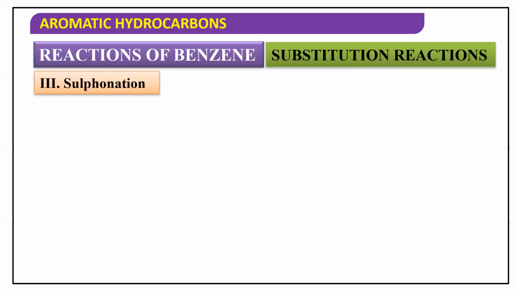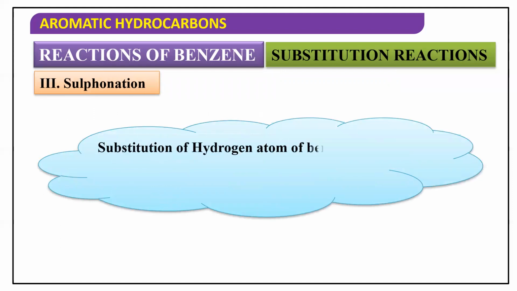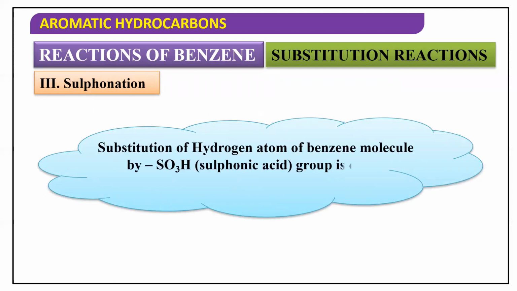Pretty straightforward. Third one is sulfonation. Now, chlorination is substitution of hydrogen with chlorine atom. Nitration is substitution of hydrogen by a nitro group. What is sulfonation? Substitution of a hydrogen atom of the benzene molecule by an SO3H or sulfonic acid group is called sulfonation.